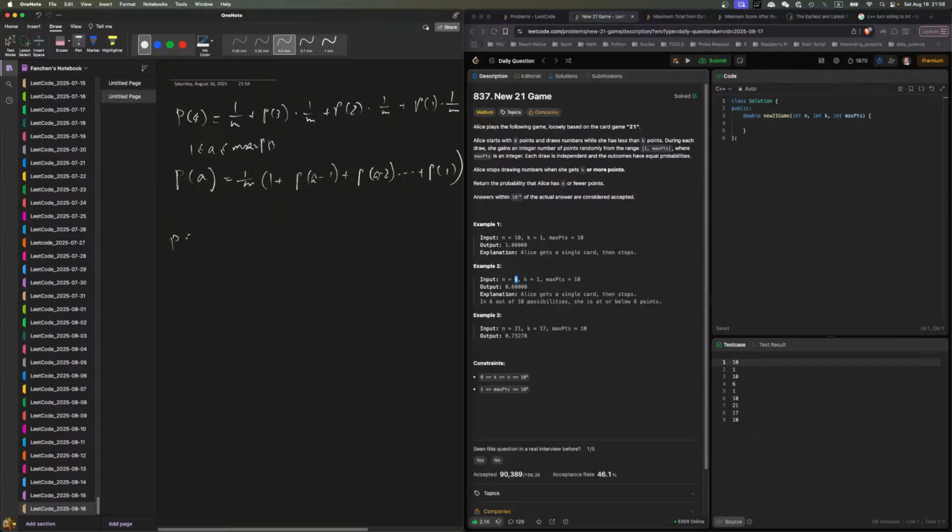Now beyond the max point, how about n plus 1? Well, we can never do a 1 over m because that's not possible.